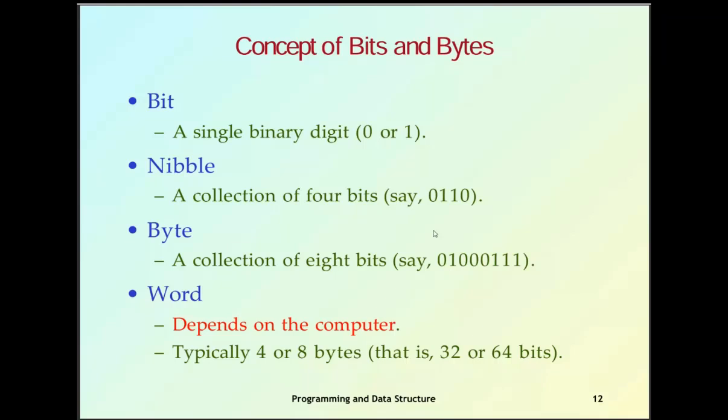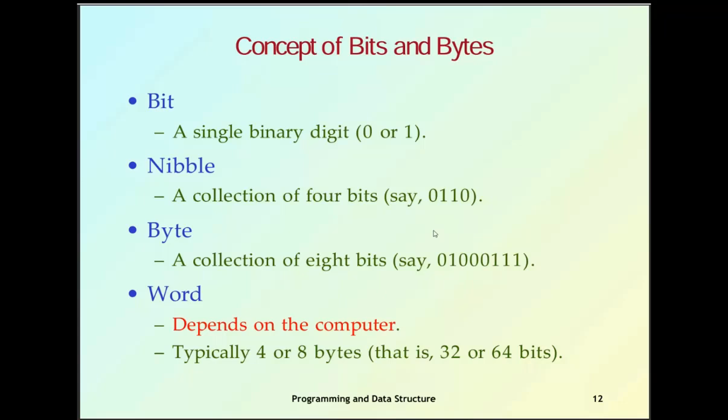So now let us talk about the concept of bits and bytes. As we are talking about a digital computer, in a digital computer, everything is a collection of zero or one.